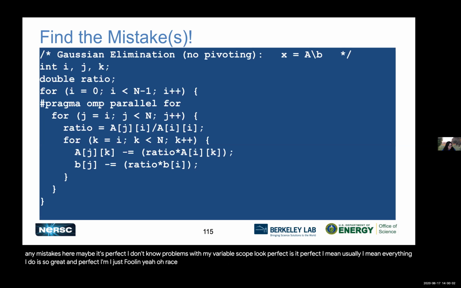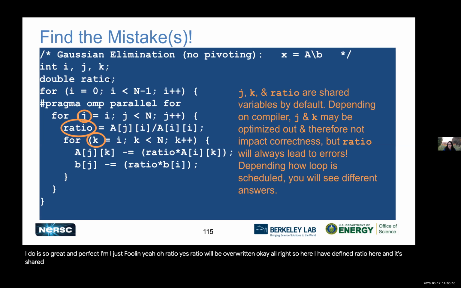Oh, ratio, yes, ratio will be overwritten. That's right. Here I have defined ratio, and it's shared. Oh, I just accidentally clicked and showed my answers for you here. But yes, ratio is one of the three variables that are shared.